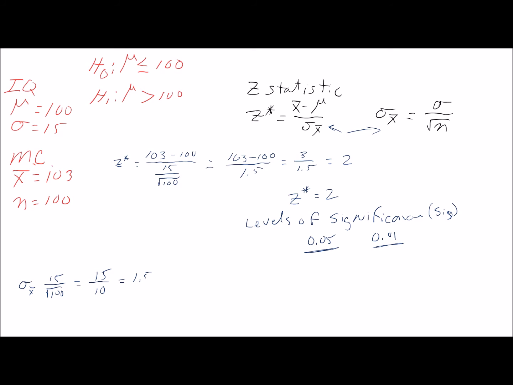Now, how we look at this and how we position where that 5% or 1% is coming from is based upon whether it's a one-tail or a two-tail test. So let's pull up a normal distribution and take a look at where those probabilities are going to lie.